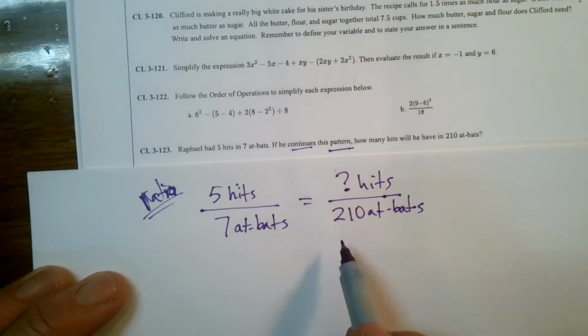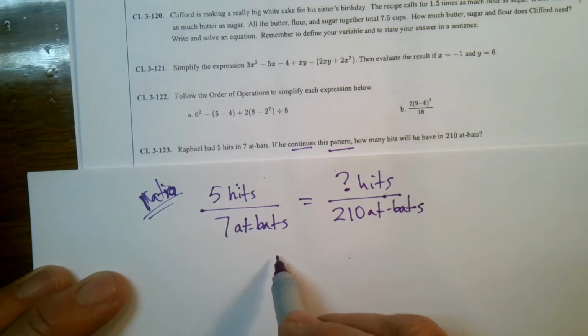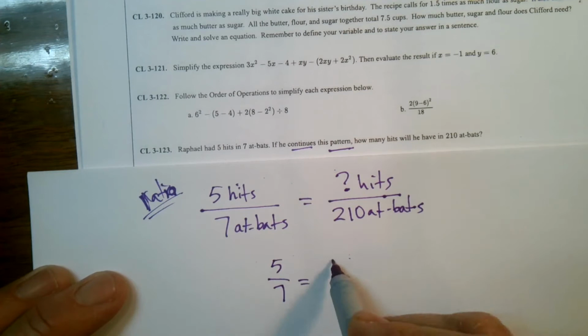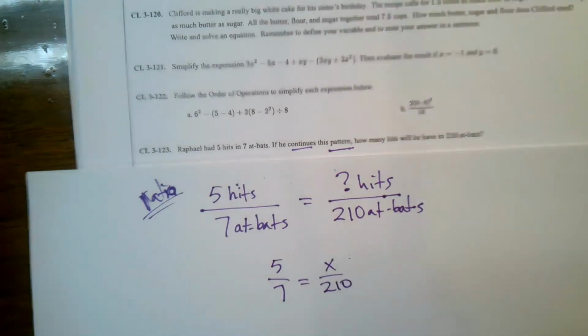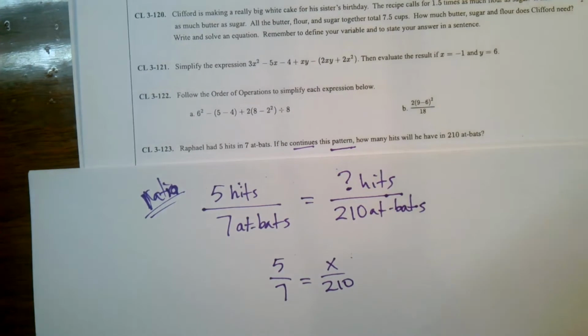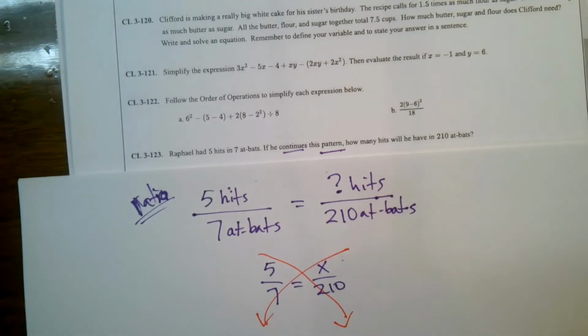Okay, this is proportional. So what I can do is set this up as an equation that I can solve. There's a couple ways I can see this being solved. One way is when we solve proportions, we use cross multiplying, right? We can see this as 7x is equal to 1050, if I multiply 5 times 210, and 7 times x.